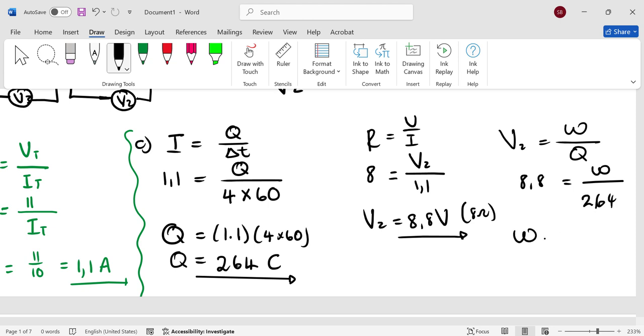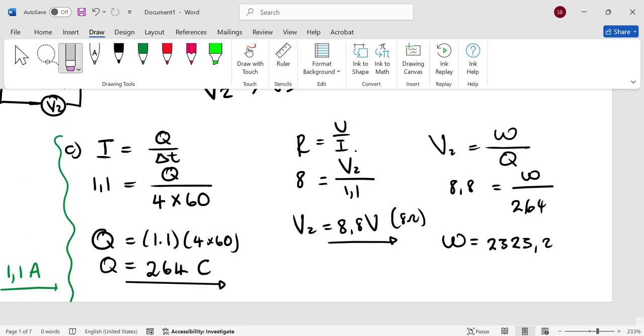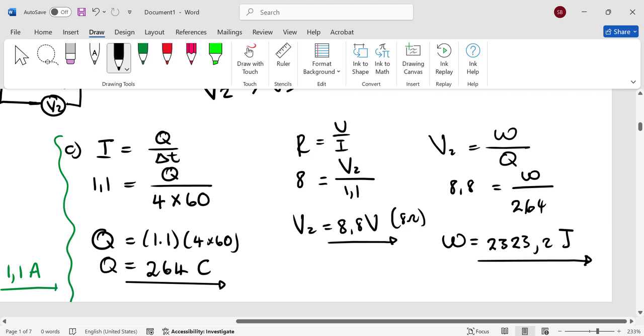Sorry, I swapped the numbers earlier, and I forgot the decimal: the result is 2,323.2. Just a little blunder. What do we know about W? That's energy, measured in joules. So that, ladies and gentlemen, is the energy dissipated by the 8 ohm resistor.